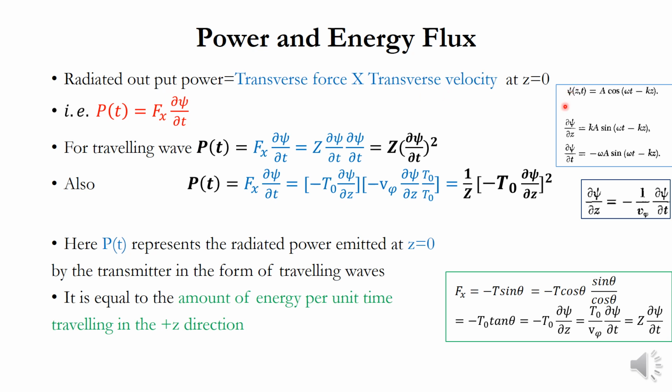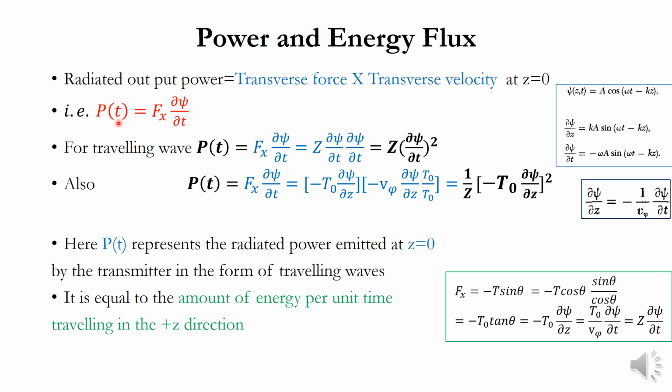That is the force along the transverse direction, the perpendicular direction, into the velocity along that direction, meaning the velocity of oscillation of the point at that location, so that the power will be this force into velocity.